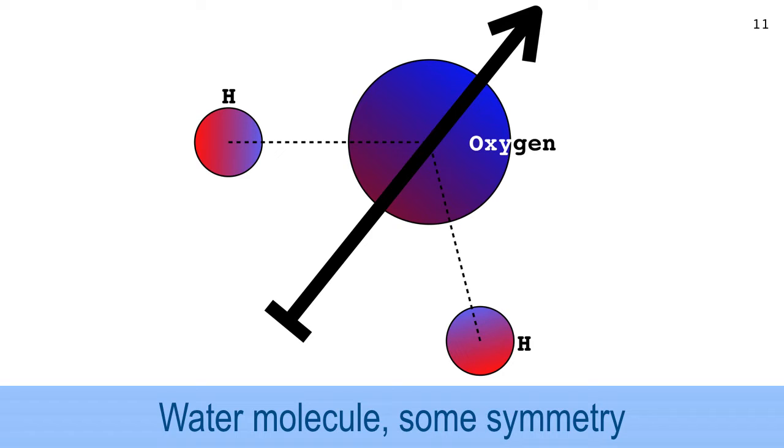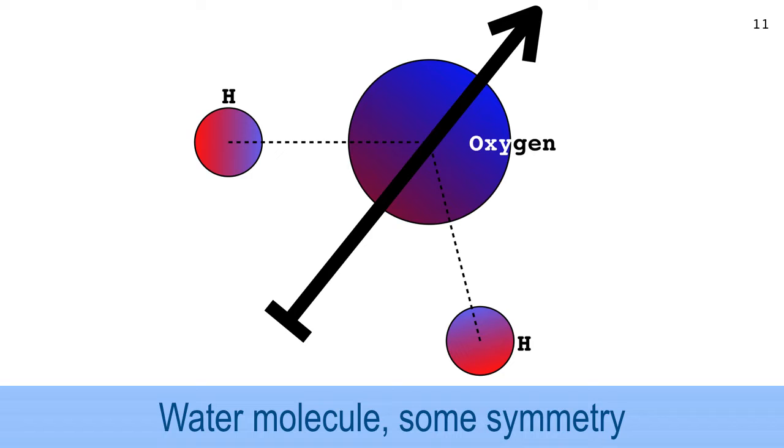So the side of the hydrogen that faces the oxygen tends to be more negative, because that's where the electron is, and the proton is in the other direction. So the hind ends of the hydrogens are both red to signify positive, and that gives it a polar structure.